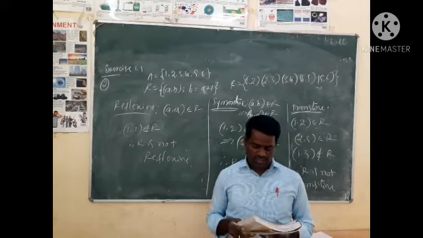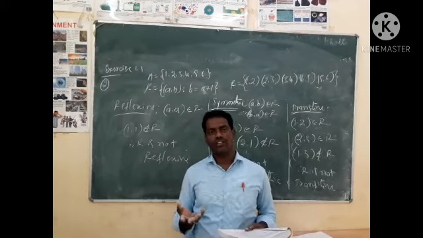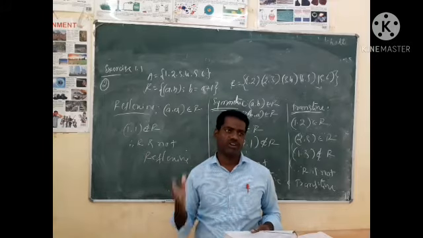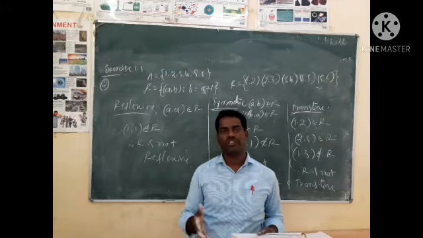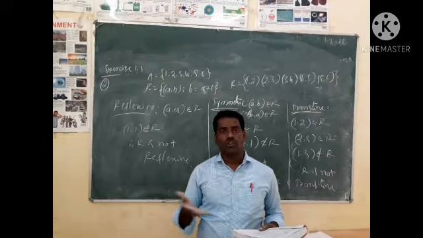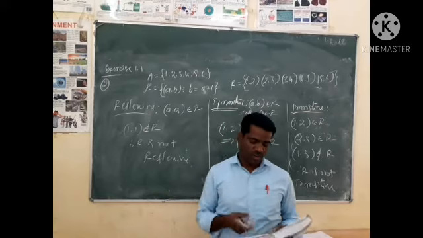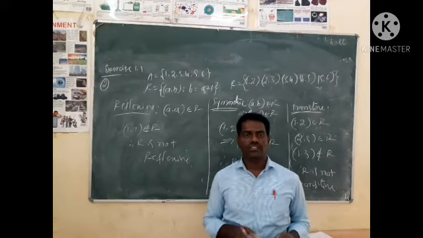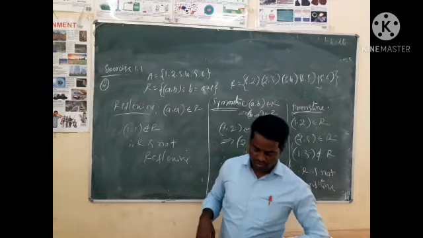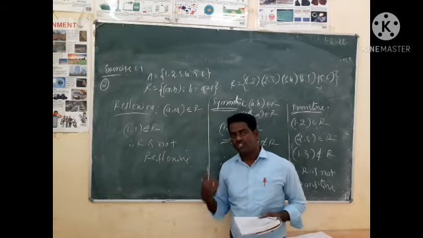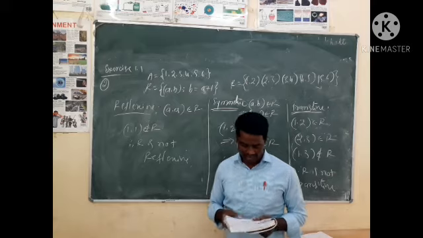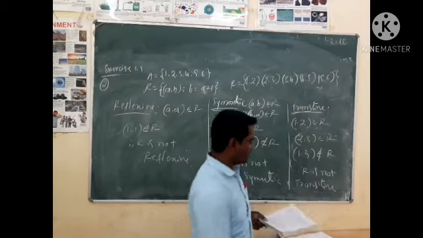Then what about transitive? (1, 1) belongs to R and (1, 2) belongs to R, and so on. That shows R is transitive. Fourth question: R is reflexive and transitive but not symmetric. Okay. Next, the fifth question.